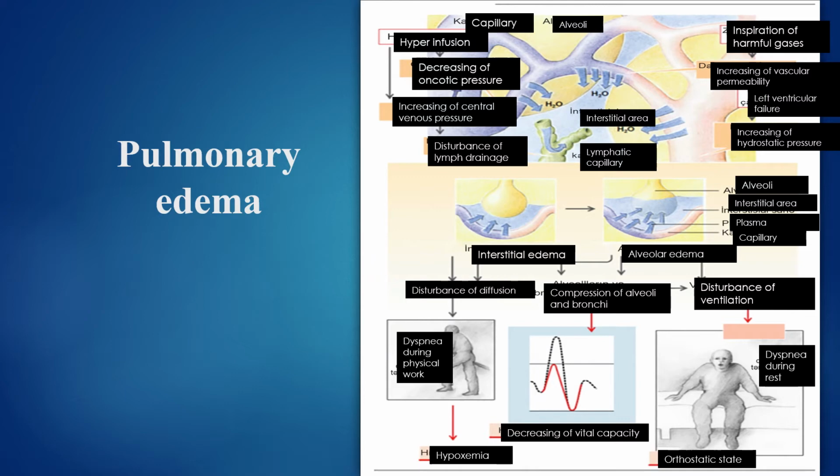So, in left ventricle failure or crisis of arterial hypertension, pulmonary edema develops by the hydrostatic mechanism. In clinic, this is called cardiogenic edema of the lungs. In nephrotic syndrome, oncotic pressure sharply decreases as a result of proteinuria and hypoproteinemia, and pulmonary edema develops here according to the oncotic mechanism.